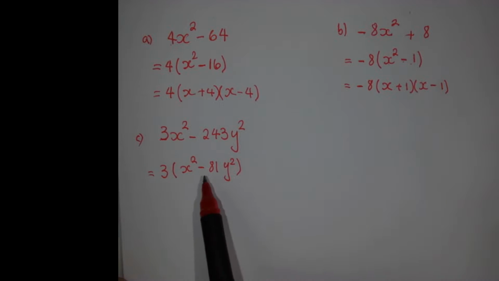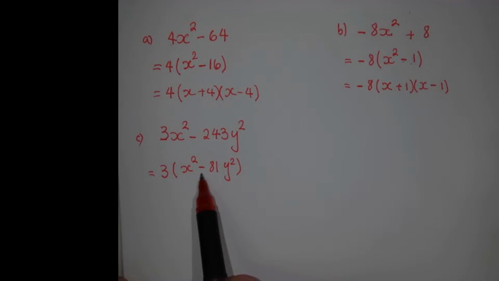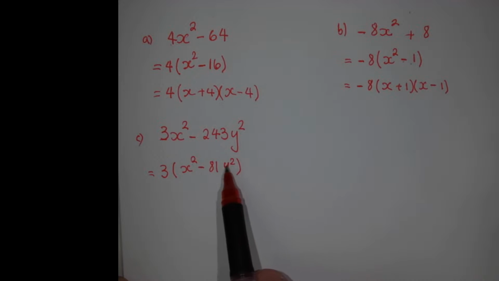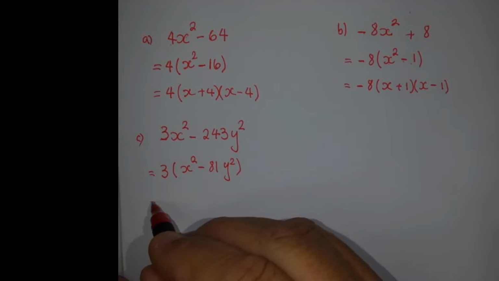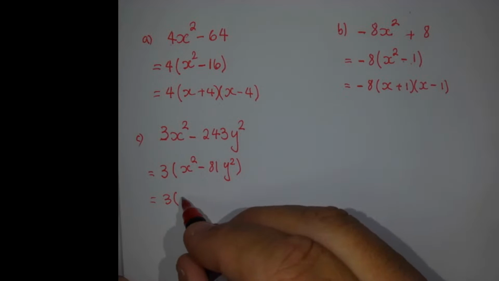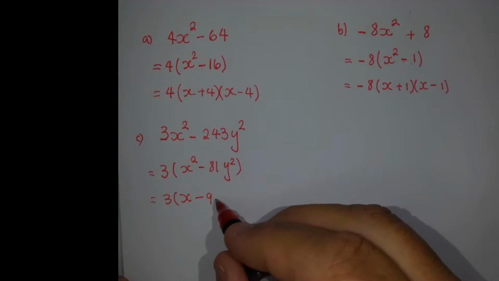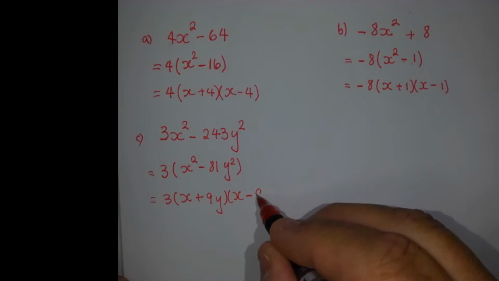No, because I'm factorizing fully, and I realize that inside the bracket I've got a binomial, and x squared is a perfect square because the exponent is an even number. 81 is a perfect square because the square root of 81 is 9, and y squared is a perfect square because the exponent is an even number. So I can just go on and say 3 times, and I'm going to multiply the sum and the difference of the two square roots, so x plus 9y and x minus 9y.